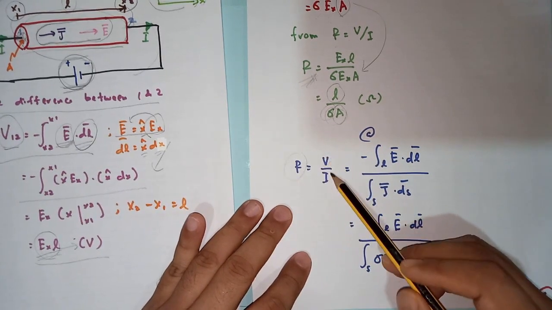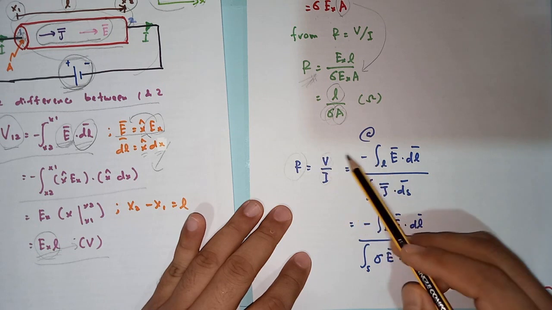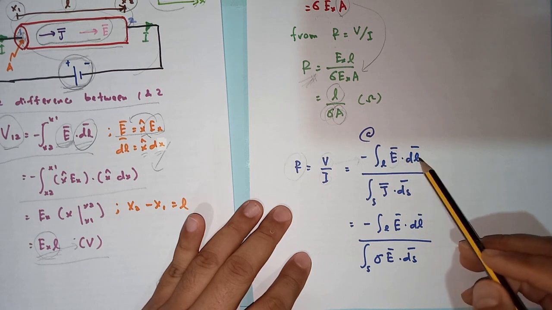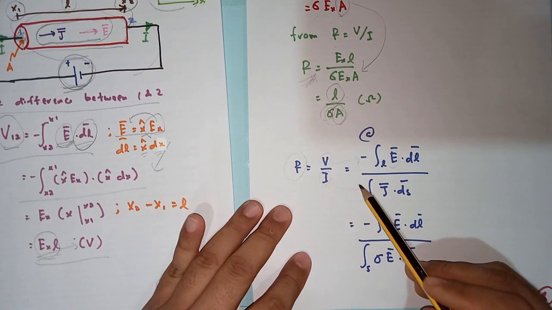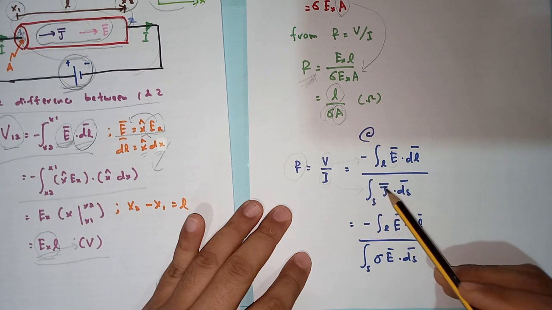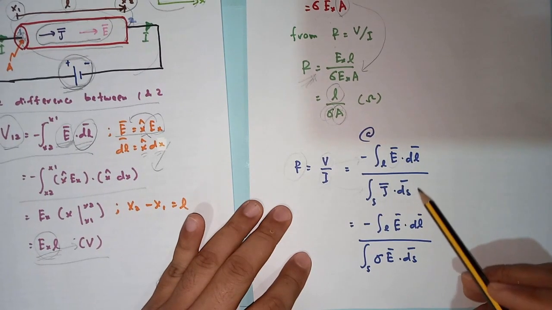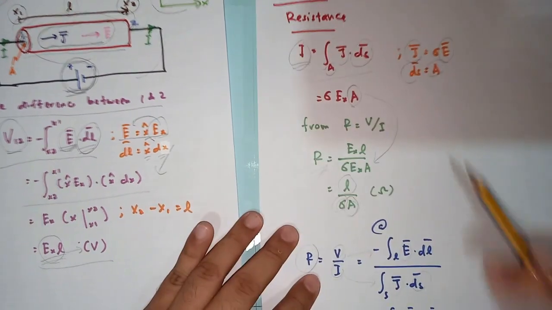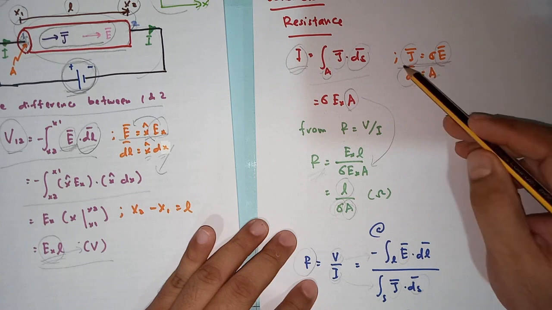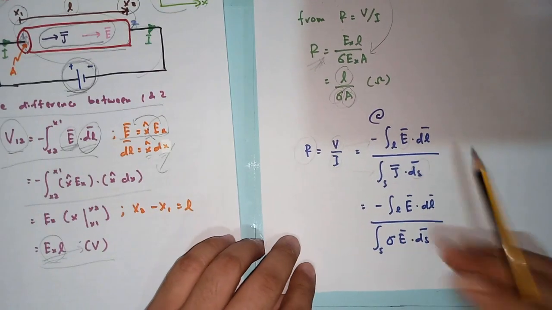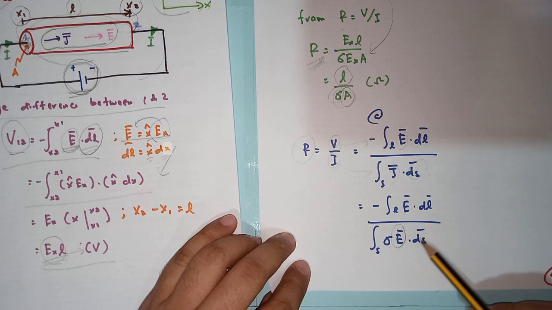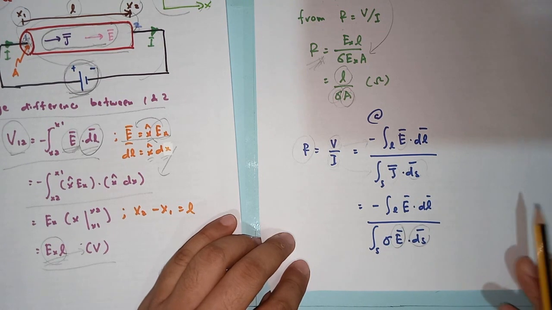R is equal to V divided by I. V is represented by minus the integration over L of vector E dot dl, and I is represented by the integration over S of vector J dot vector dS. Referring to this equation, governed by Ohm's law, we have I equal to the integration over the surface of sigma times vector E dot vector dS.